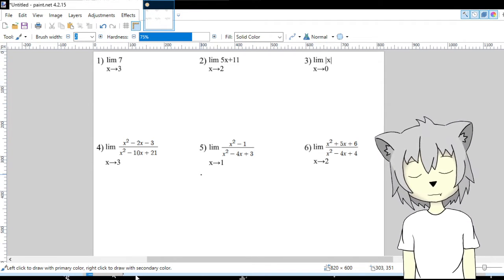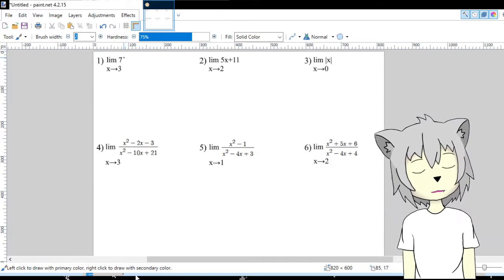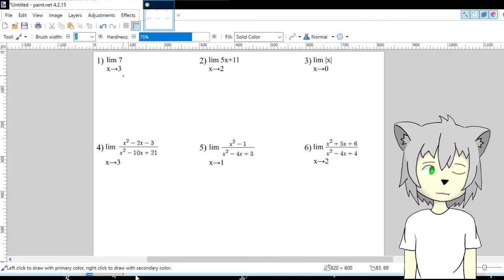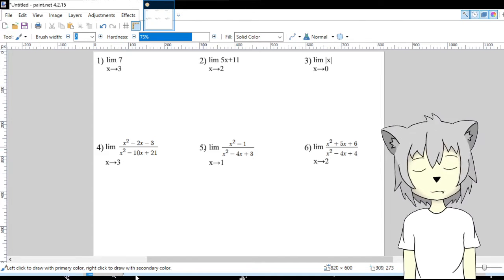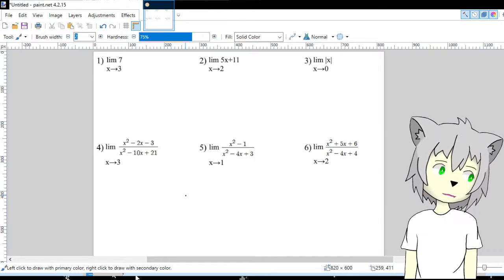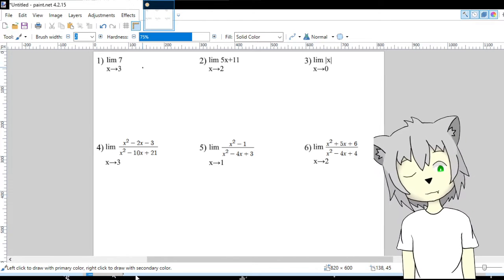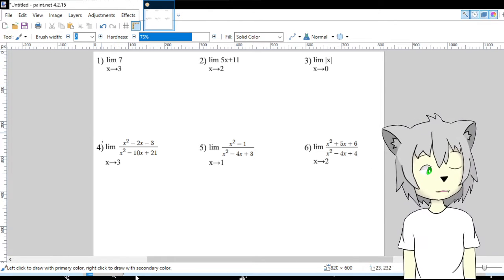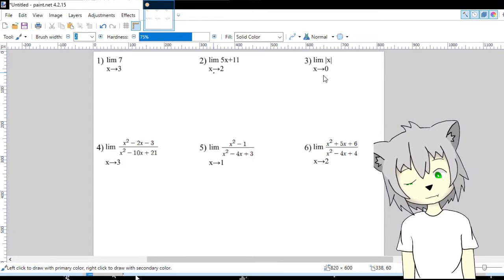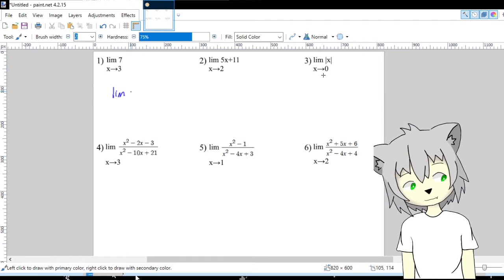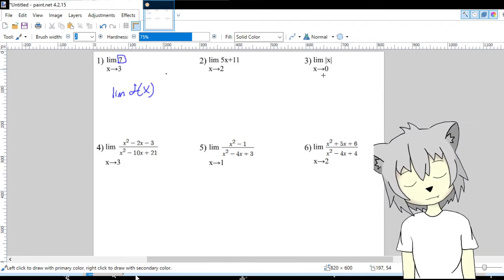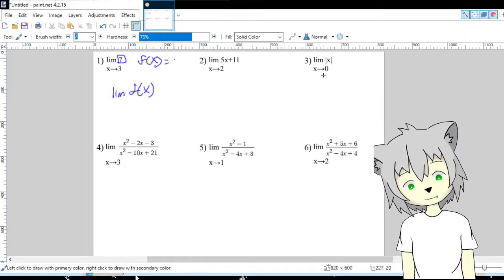Let's go through them. The first problem, the limit of 7 as x approaches 3. It probably doesn't look or sound quite right, because in class you probably learned about limits like the limit of f of x. This is f of x. F of x equals 7.